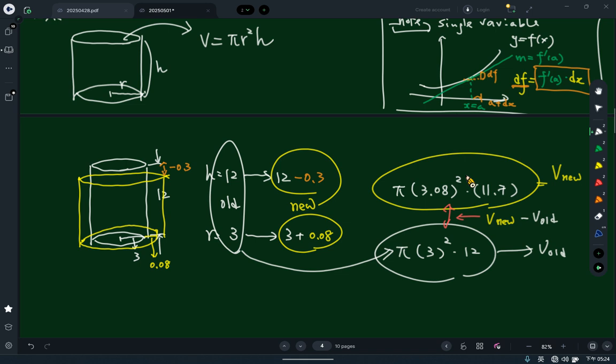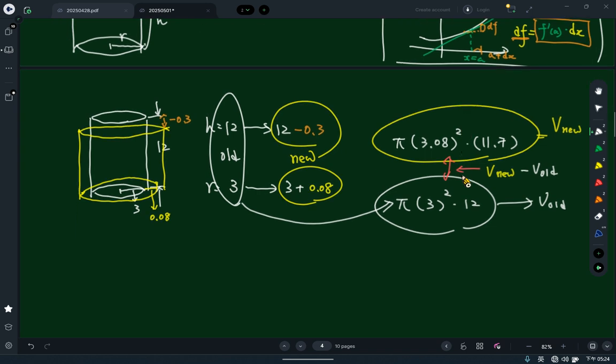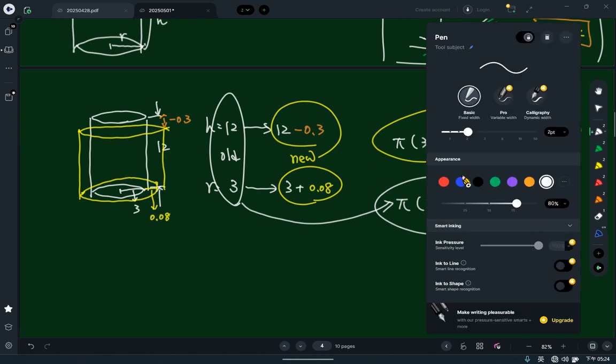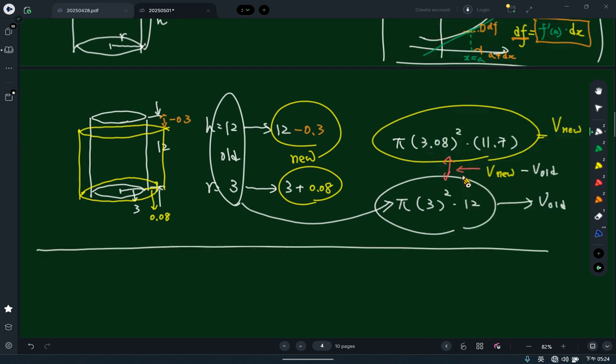But right now, if you know how to apply the differential, we have another solution. Another solution is an approximated result.